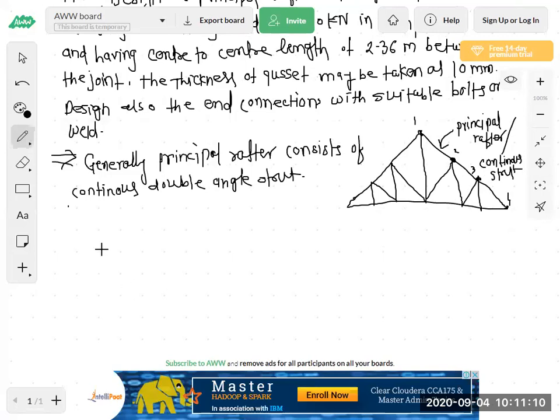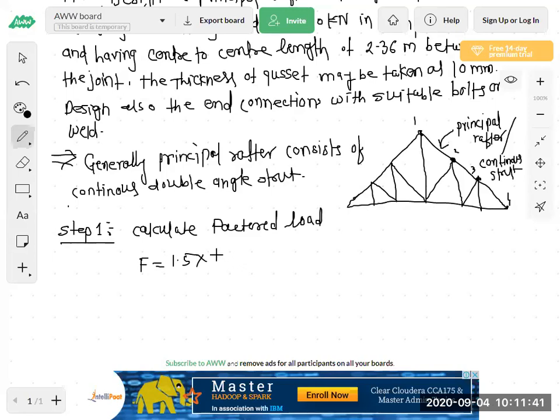Now follow the procedure. Step 1: calculate factored load. How to calculate factored load? Factored load F is equal to 1.5 into service or working load.